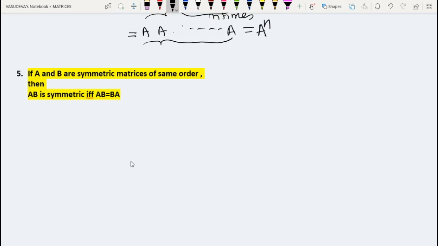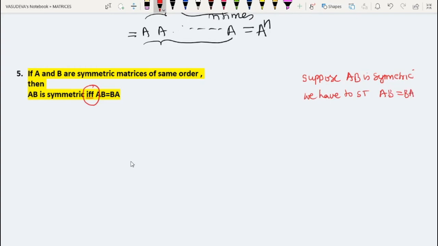So here the condition we have to see is if and only if. So when there is such a condition we have to show it in two ways. That is, suppose AB is symmetric, then we need to show that AB is equal to BA.